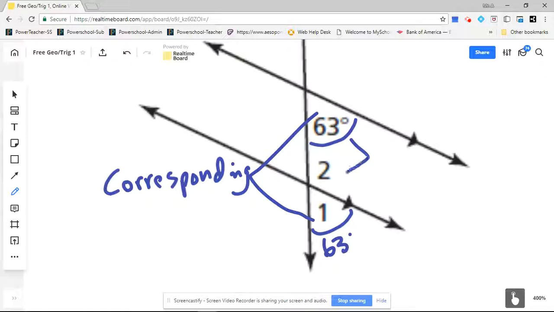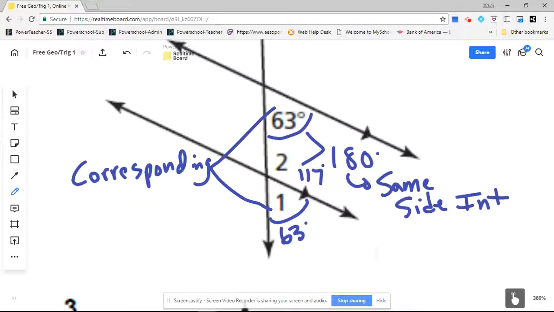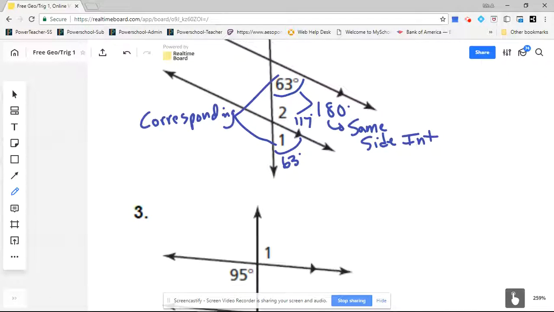Now I can look at angle 2 with 63 and say I know those two have to add up to 180 because they are consecutive interior, or you could call them same side interior. So this has to be 117, so that what adds up with 63 to equal 180. Has to be 117.